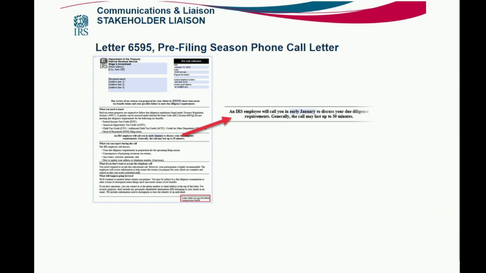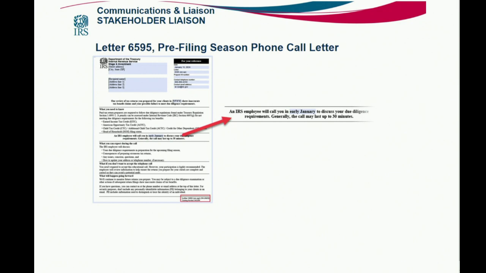These calls are educational but also deliver a compliance message. We are calling to help you avoid errors in preparing your client's returns as well as to avoid potential due diligence penalties. We do not ask for personal information about your clients. The IRS employee will not provide specific information about your clients nor ask you to disclose any client information.